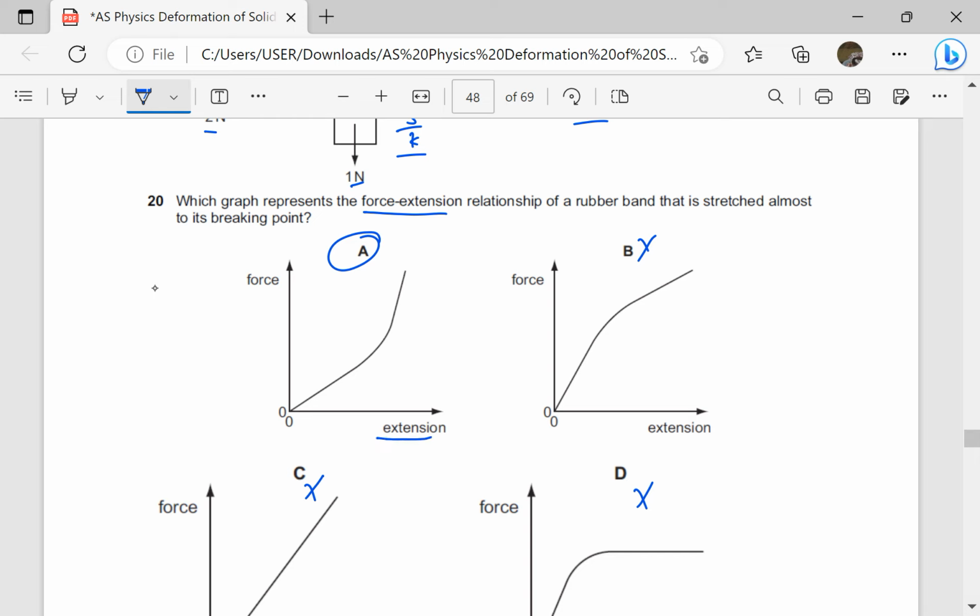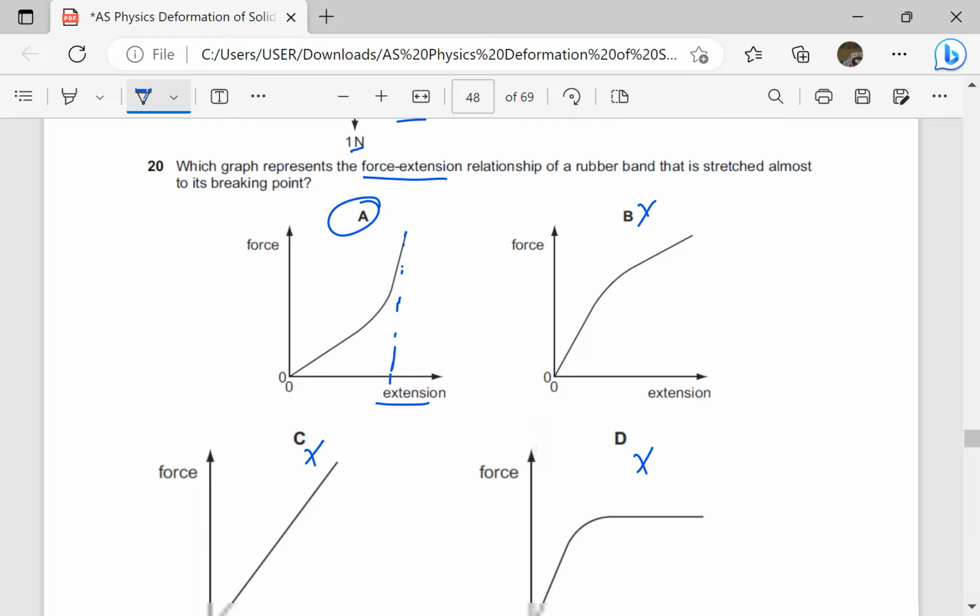This graph shows it has reached a point where there is no further extension. That means as force increases, the change in extension becomes smaller. That means if we continue increasing the force, the only option is for the rubber band to break. So the answer is going to be A.